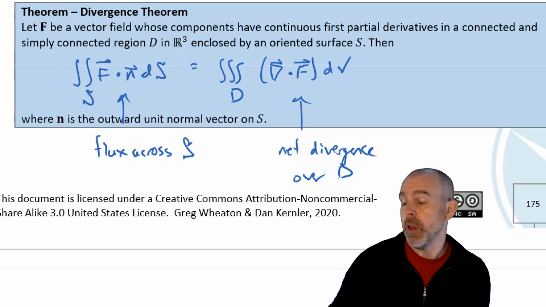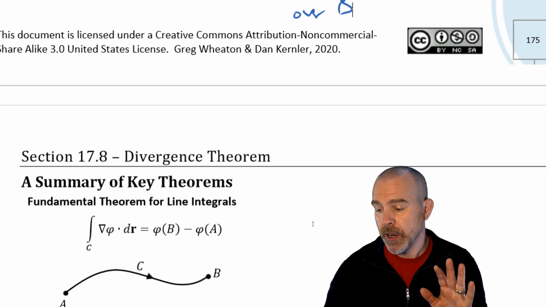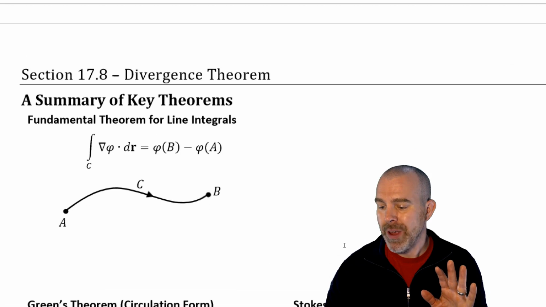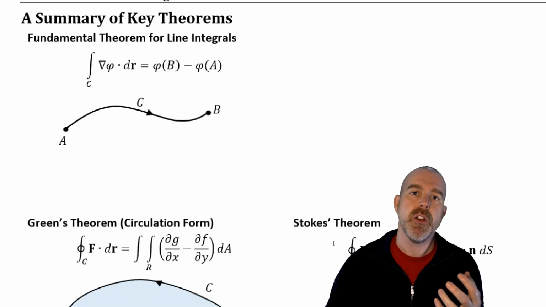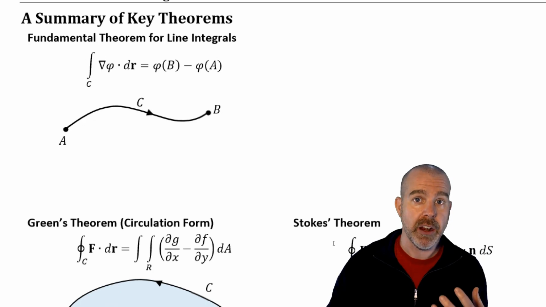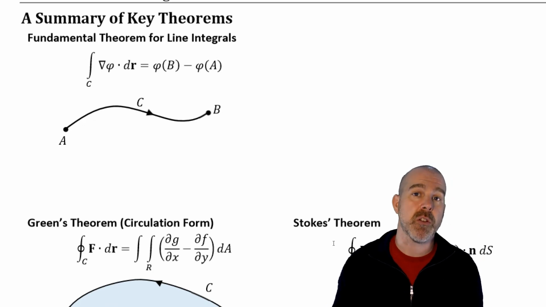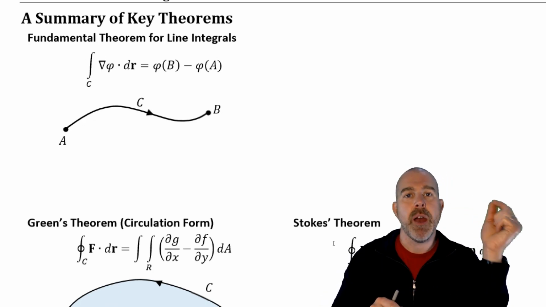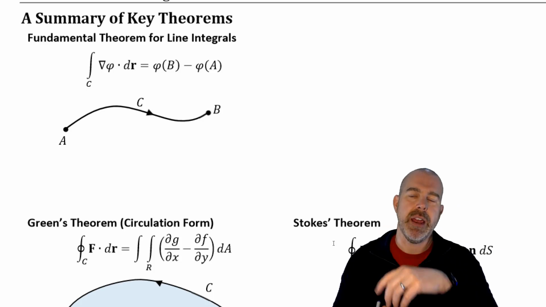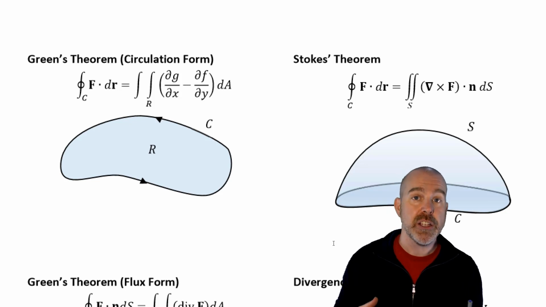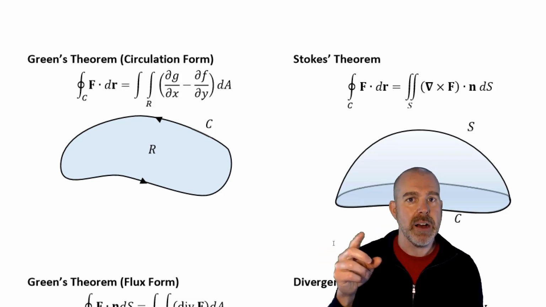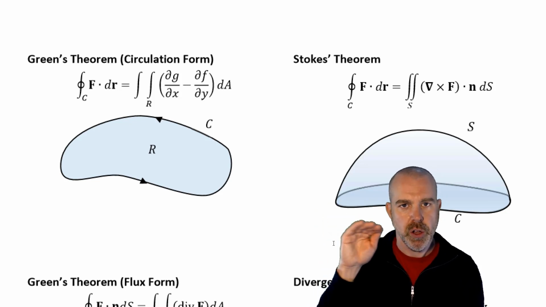So again, to summarize, we have some key theorems we've learned. We've talked about line integrals, and if you're integrating a conservative function, so it's the gradient of some phi, you can evaluate phi at b and subtract phi at a. Then we have Green's theorem in circulation form: the net circulation around the outside should equal the double integral of the curl over the inside.